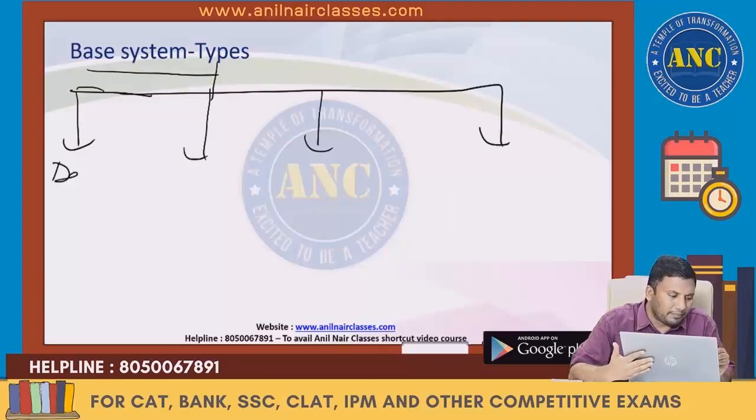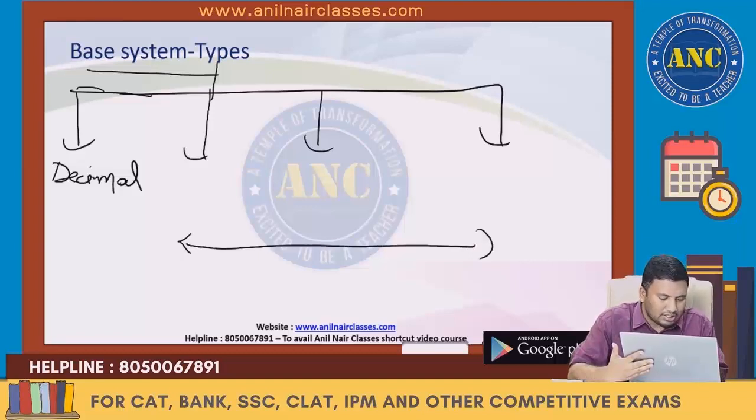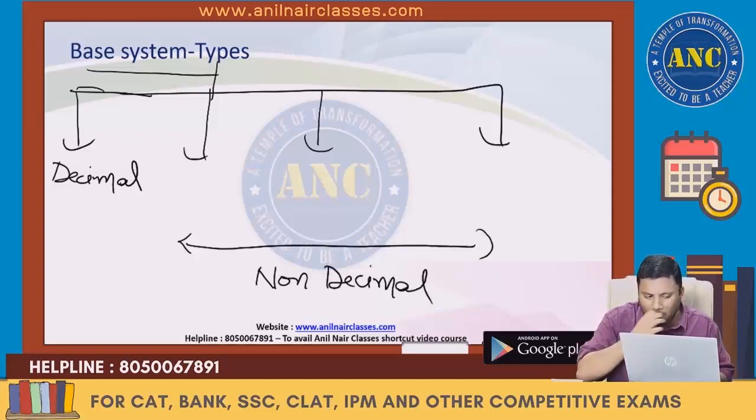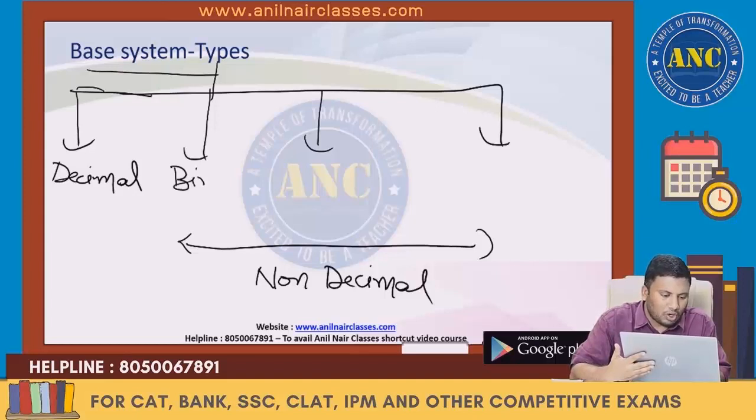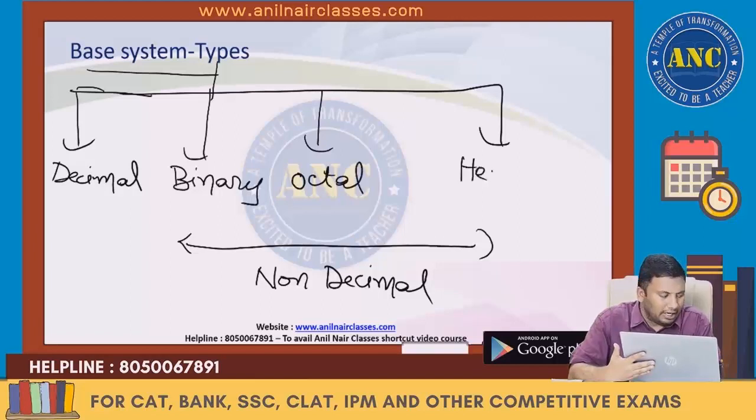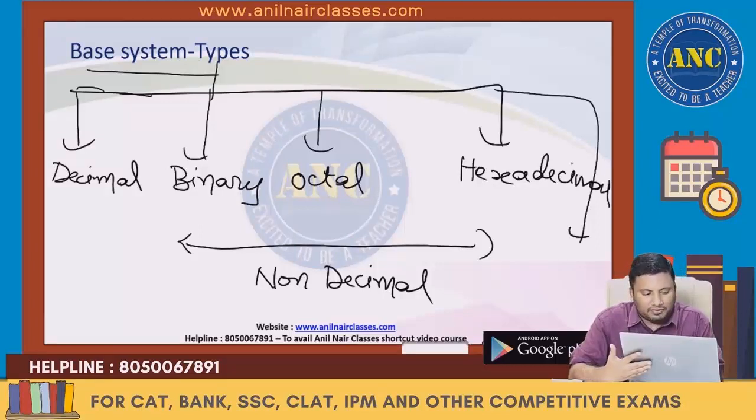Now decimal. I will call decimal and I will call all this as a non-decimal. One is a decimal and another is a non-decimal. What are these non-decimals? Non-decimal will be binary, or it could be octal, or it could be hexadecimal, or it could be any of the other base systems.